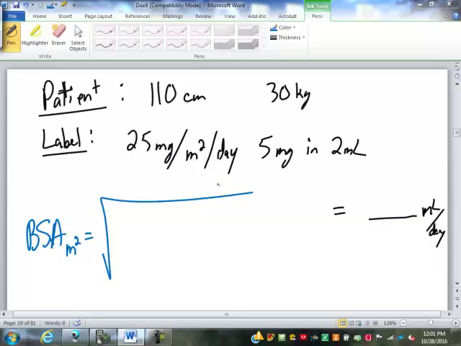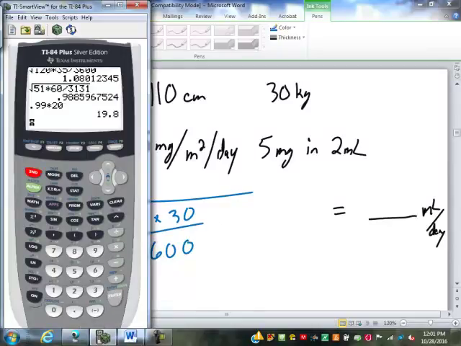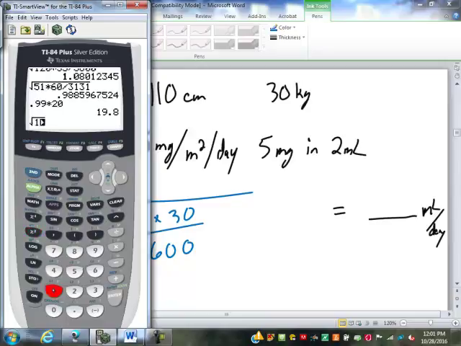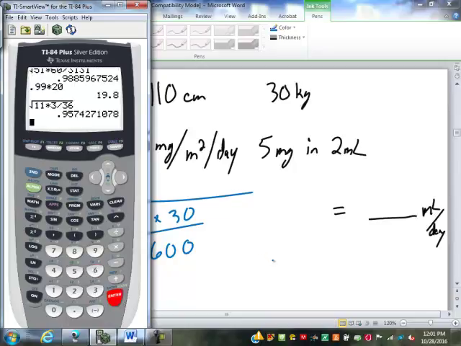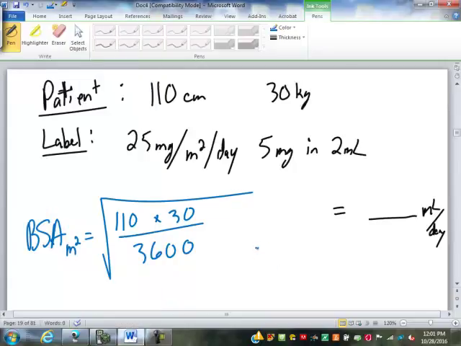So our first step is to do our body surface area. 110 centimeters times 30 kilograms divided by 3,600, then take the square root. 110 times 30 divided by 3,600 gives you 0.96 square meters.